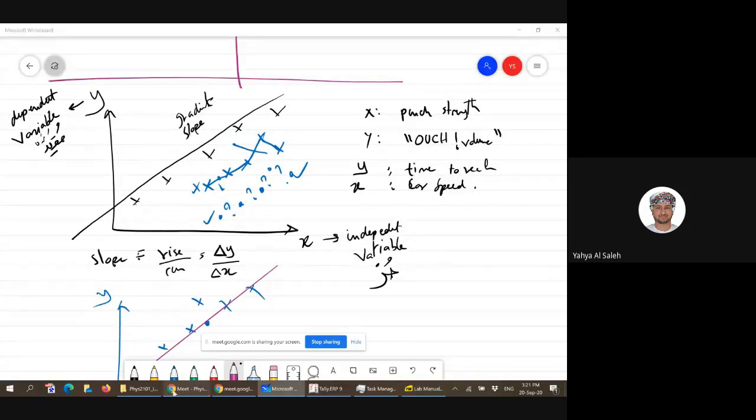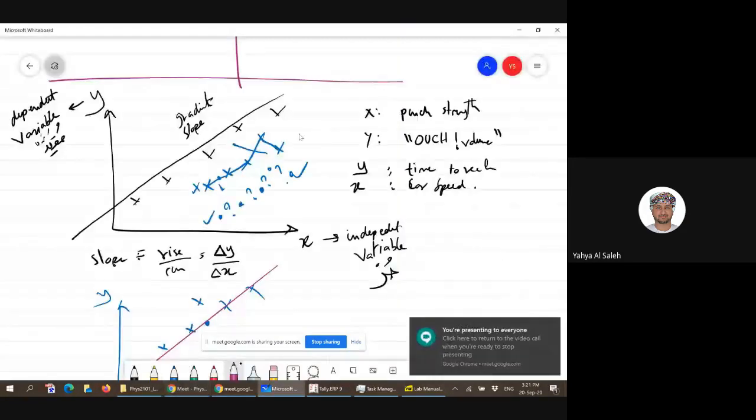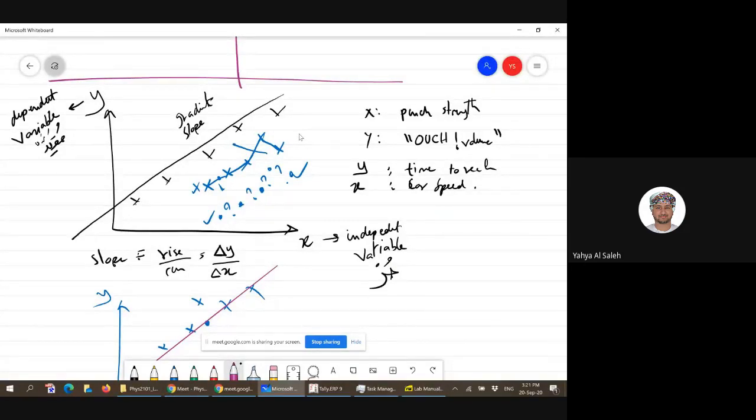So, for example, it might tell me that for each doubling of my punch strength, you will shout 10 times louder, maybe. Or maybe it will tell me that if I double my speed, I will halve my arrival time, or maybe not, depending on the road. Okay, this is what we call a slope.